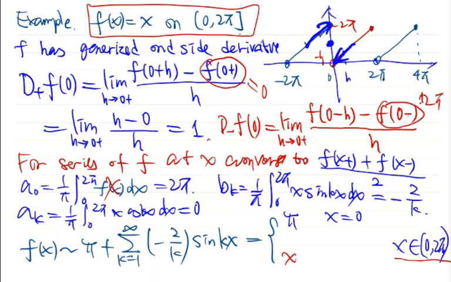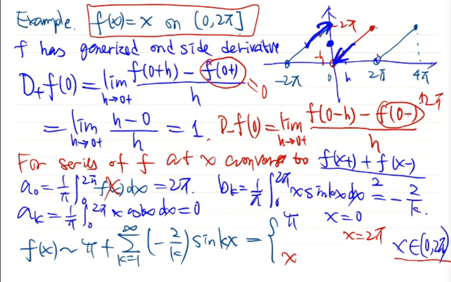And how about x equal to 2 pi? When x equal to 2 pi, the function is not continuous.